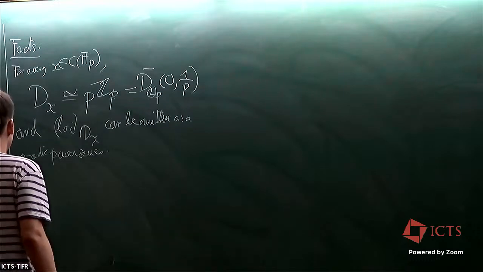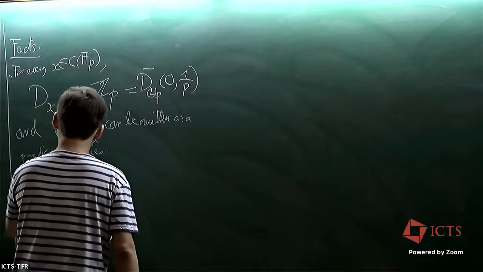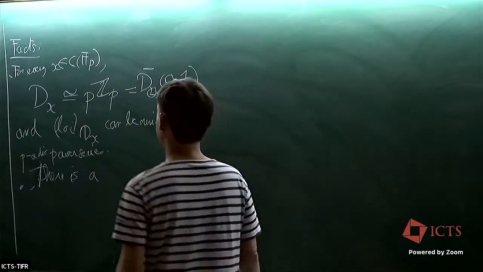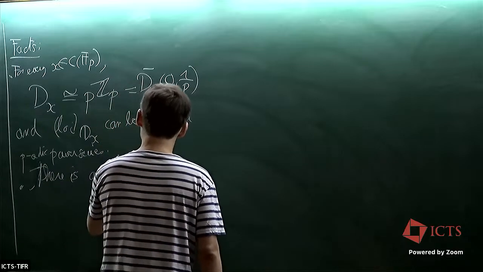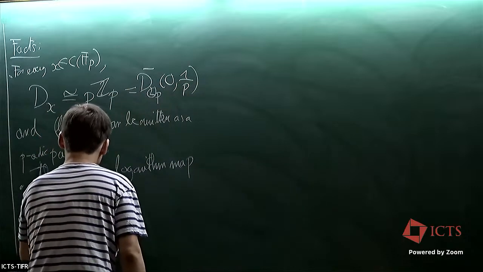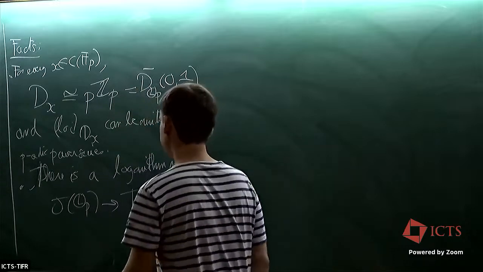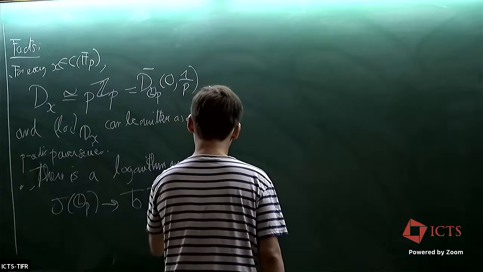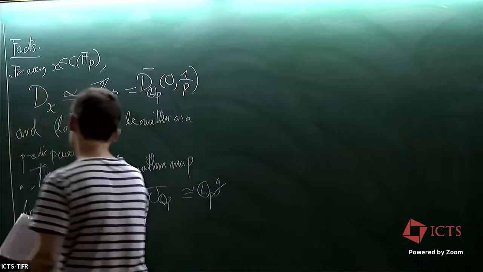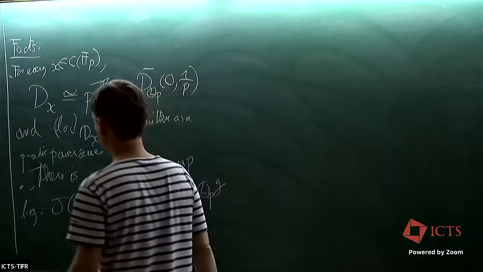Now I use a second very important object: as for the usual situation over R, but even better, there is a logarithm map which goes from J of Q_p to the tangent space of J at Q_p, which is isomorphic to Q_p to the g. So log is an analytic map and a group morphism with the obvious addition here.